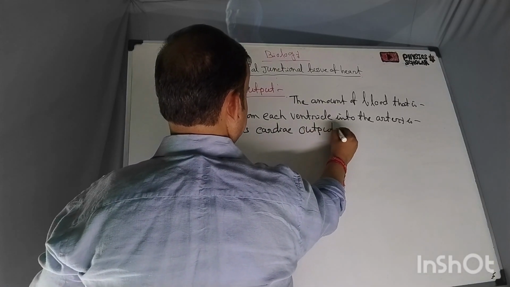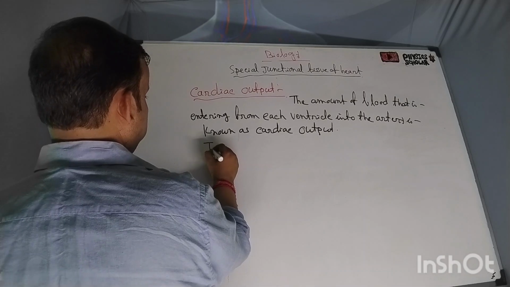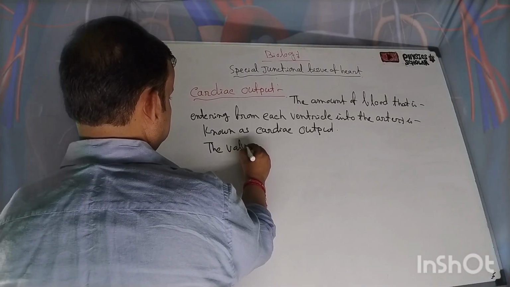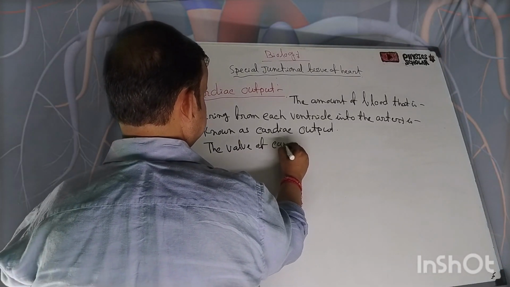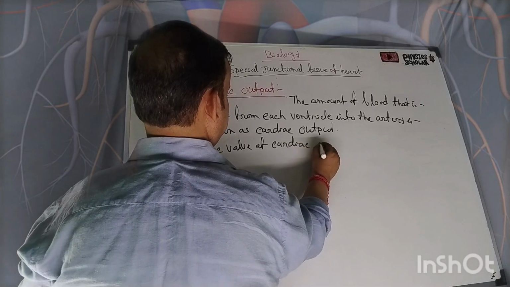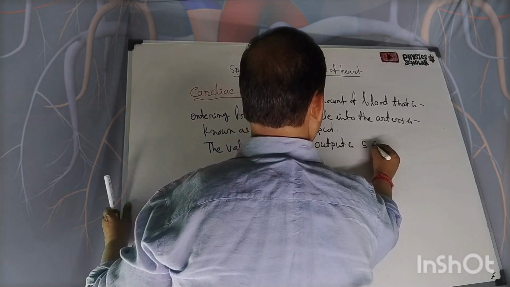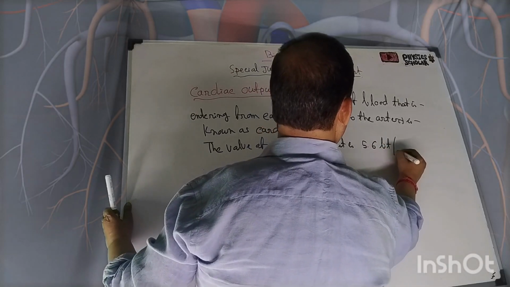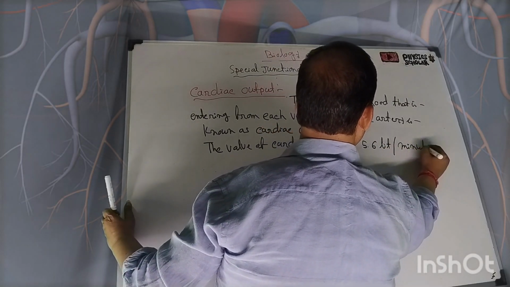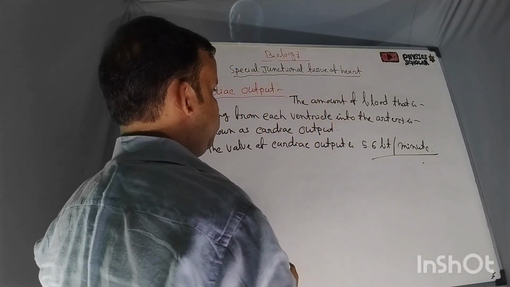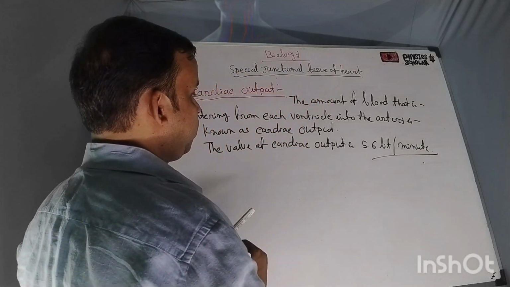Clear? So the value of cardiac output is 5.6 liter per minute. It is the average. Clear? 5.6 liter per minute, the value of cardiac output.